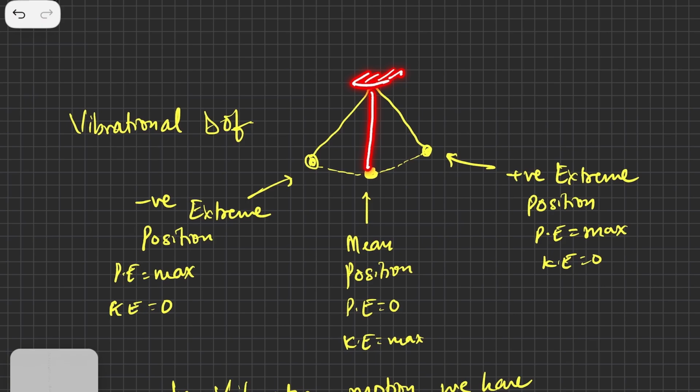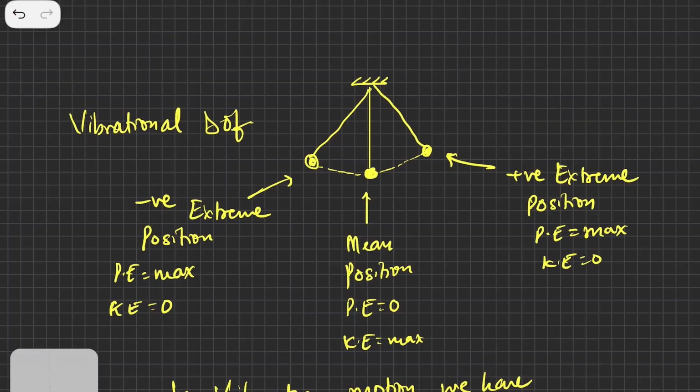This is the thread, this is the bob, and if I take it aside, it will keep on oscillating back and forth. This central position is called the mean position, the position at which the potential energy is 0 and the kinetic energy is maximum. How this goes to 0 and how it is maximum, we will be discussing in a chapter called oscillation very soon.